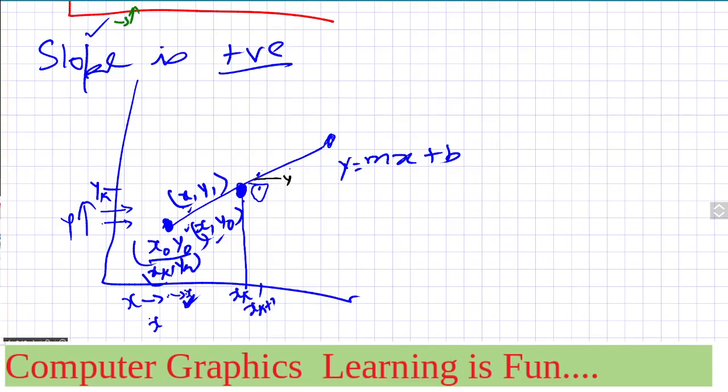Now this y, we will have to find out how much it is distant from yk and how much it is distant from yk plus 1. You already knew this is yk and this is yk plus 1, right?